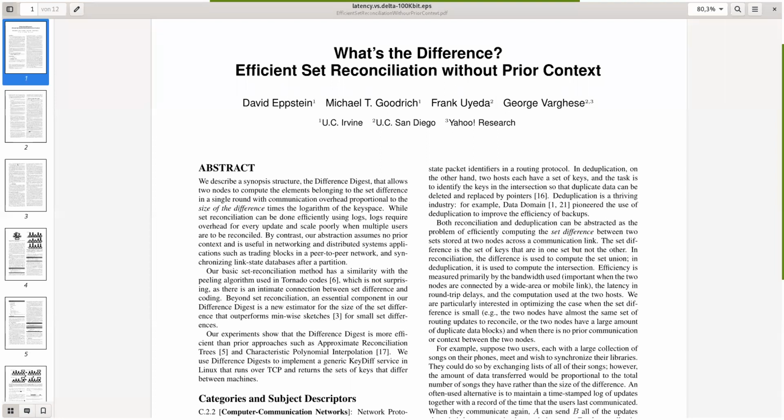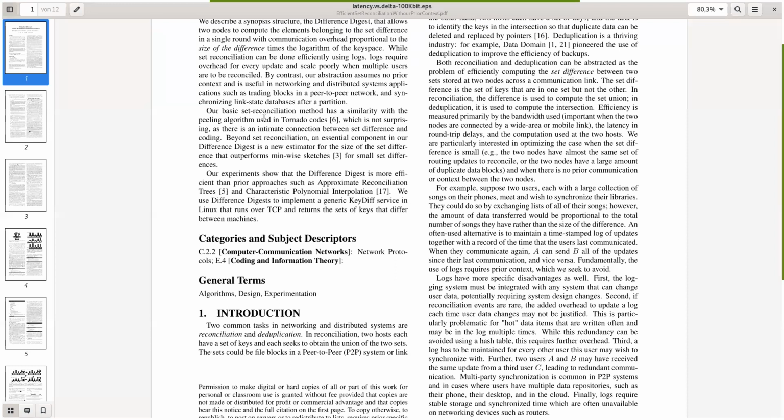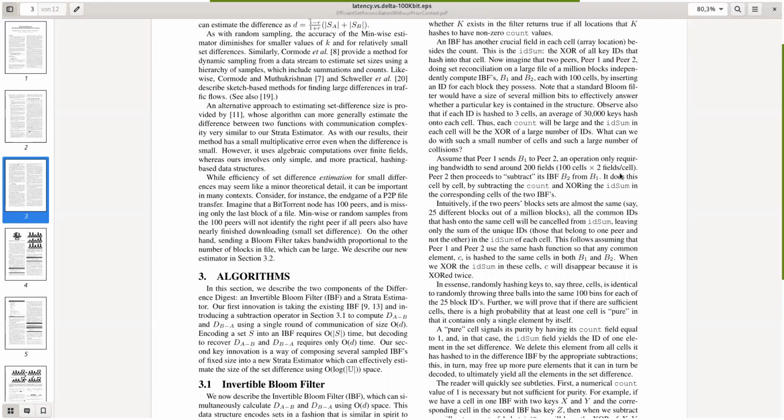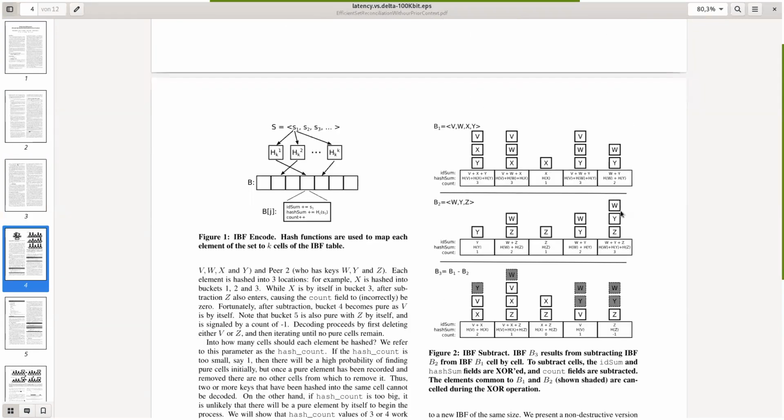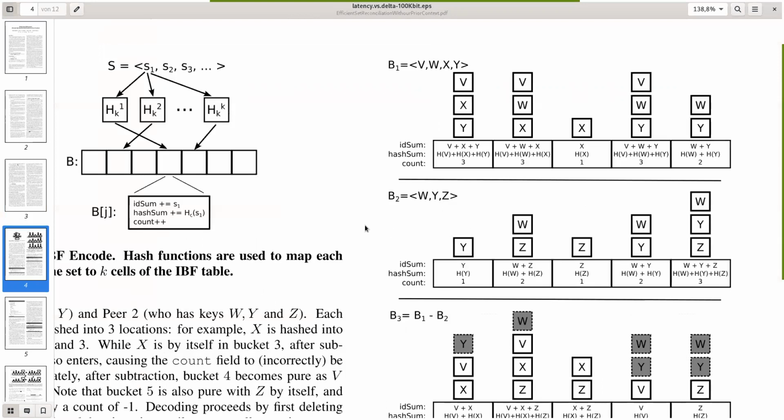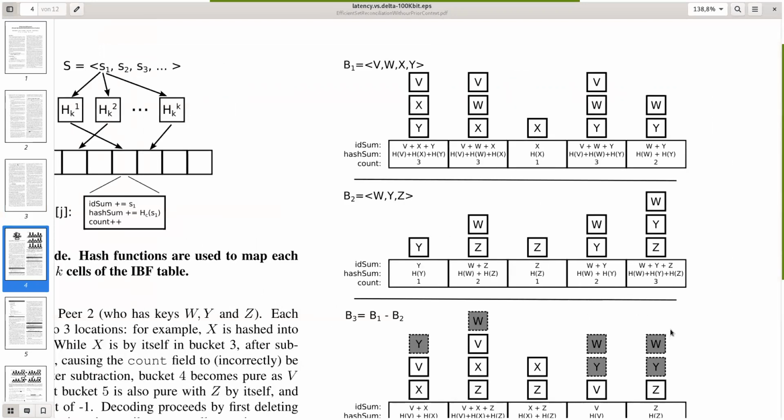So invertible Bloom filters add an ID sum field, which is just the accumulated XOR of all of the elements that get added to each cell, which means that you can potentially unxor those elements out and get an element out of the cell if there was only one added to it, or you could cancel out all the others.